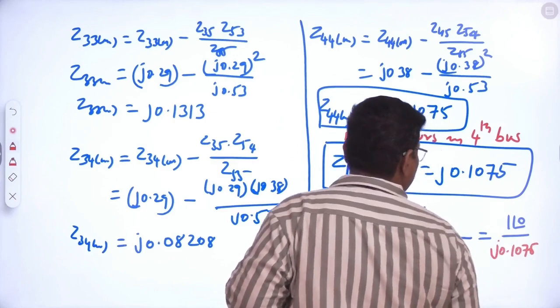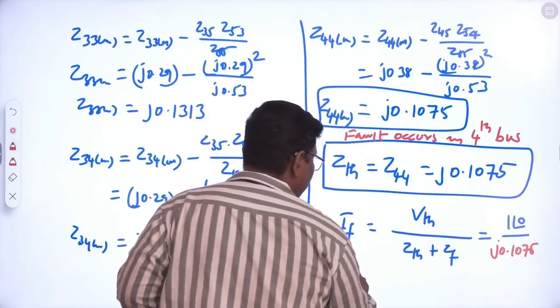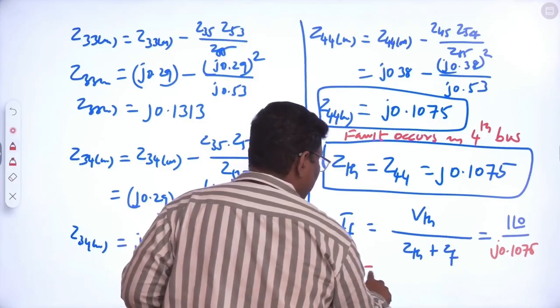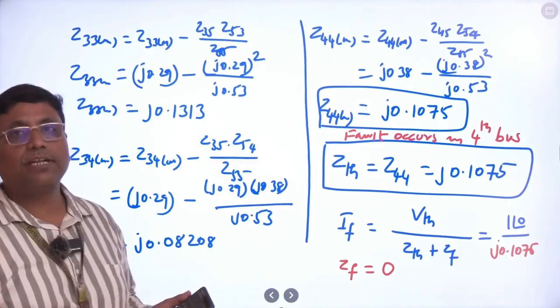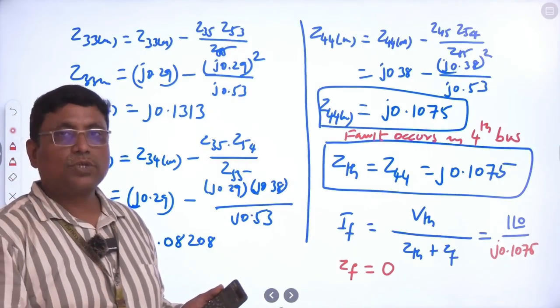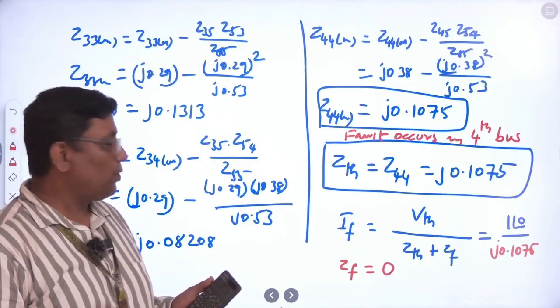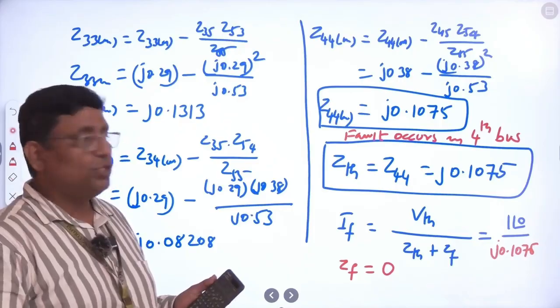So here they didn't give any fault impedance value. The fault impedance value as per the problem, ZF value is 0. That's nothing but bolted fault. The fault impedance value is 0 means that is called a bolted fault. Okay, so in this problem the ZF value is 0.